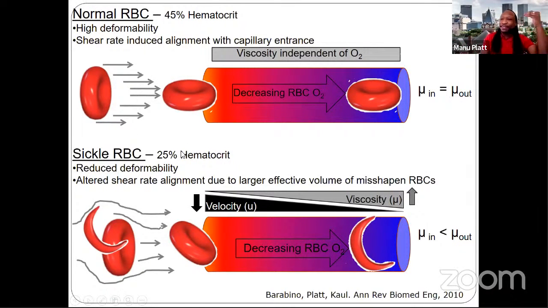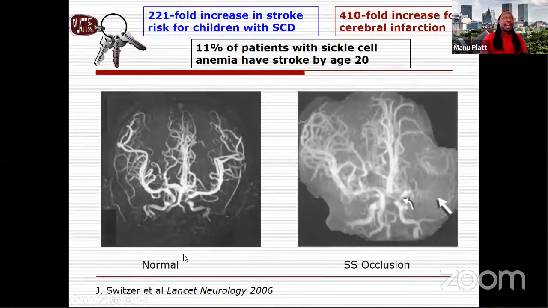Each of these red cells is more viscous than one of these. But in that capillary, when they're giving off oxygen, you actually get a reduction in velocity, because as it gives off oxygen, it's starting to sickle. That slows its passage because it's starting to abrade the blood vessel, plus the viscosity of the cell is increasing. And so the speed coming out of the capillary is much lower than the speed it comes in.